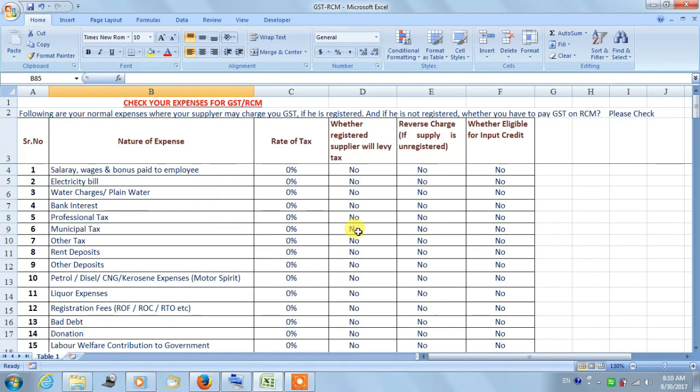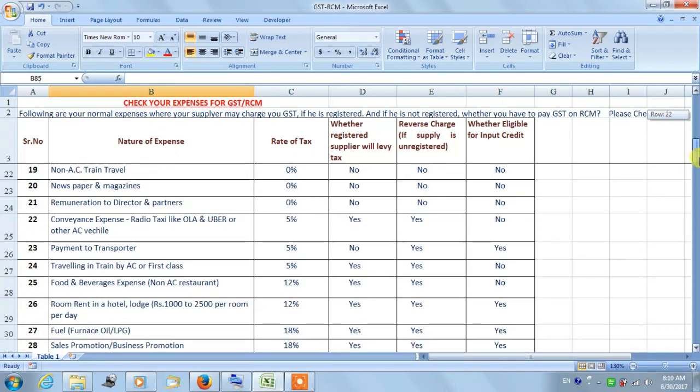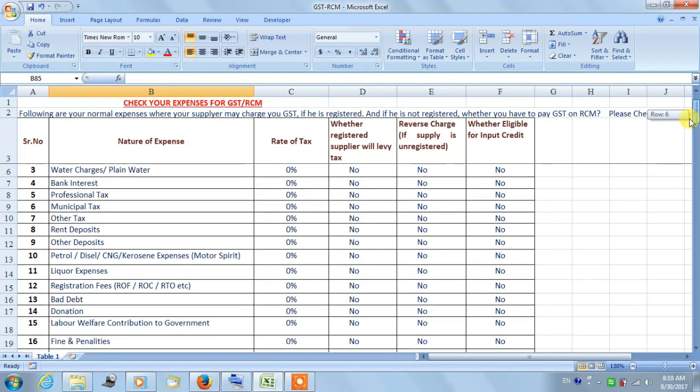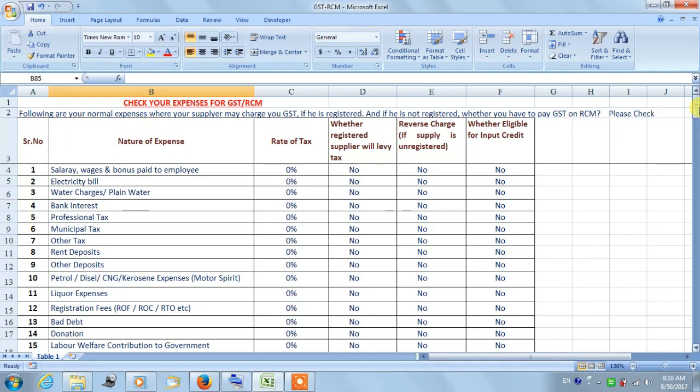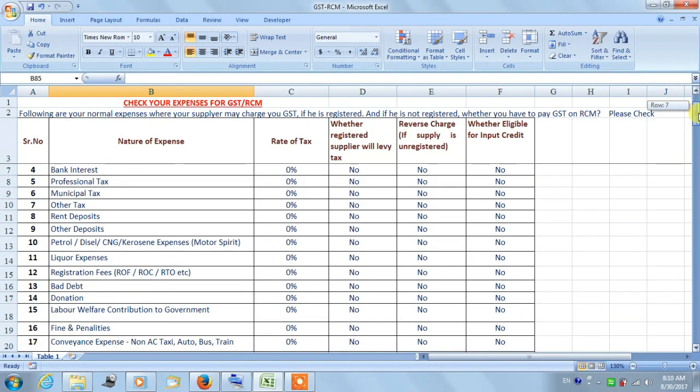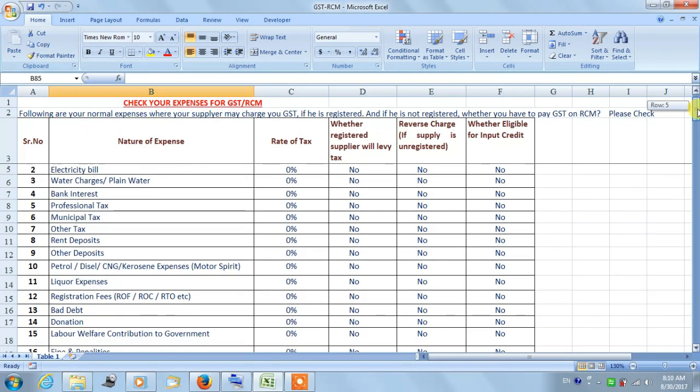Here are your normal expenses where the supplier may charge you GST if he is registered, and if he is not registered, whether you have to pay GST under RCM, and on which expenses input tax credit is available. Here you can see on screen that serial number 1 to serial number 21 have zero tax rate.